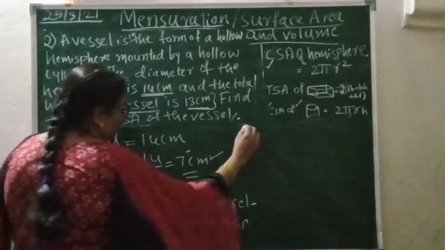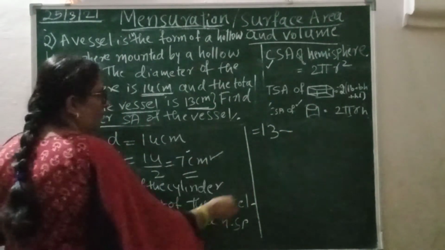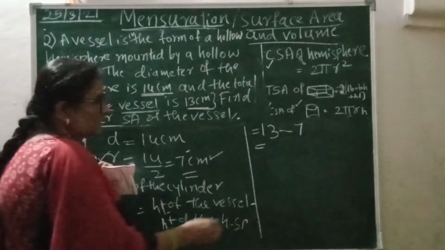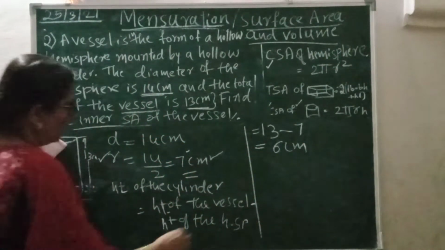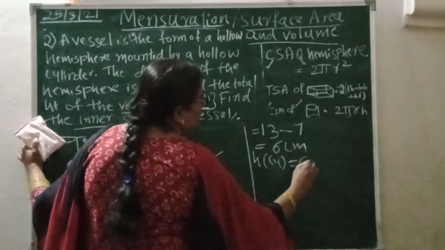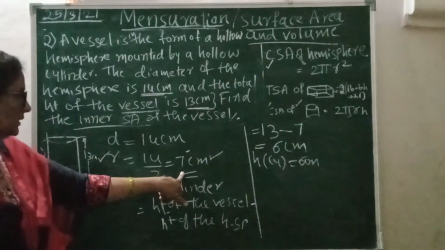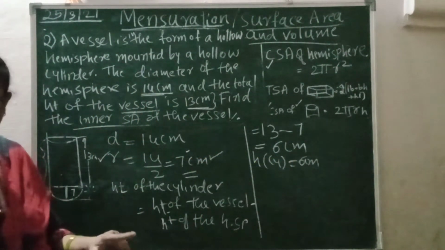So what is the height of the vessel? 30, and radius of the hemisphere is just 7. 30 minus 7 is 6 centimeter. That means I have got height of cylinder is equal to 6 centimeter. Hope people understood what is 7 and what is 6 and how we got these things.